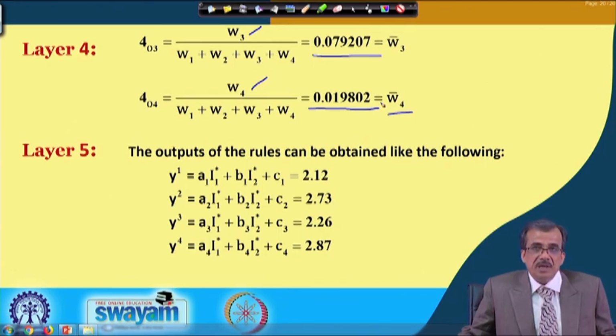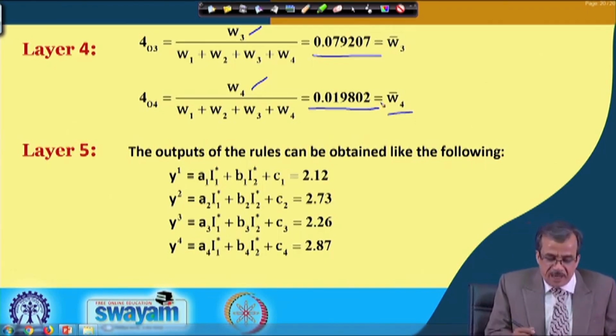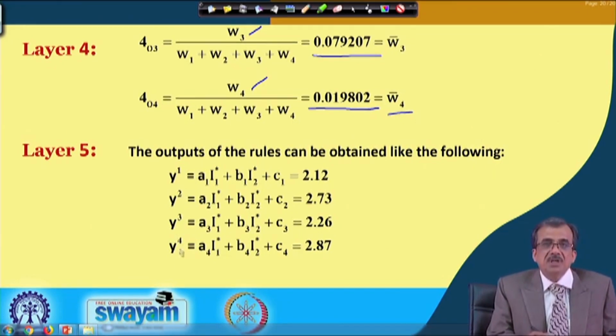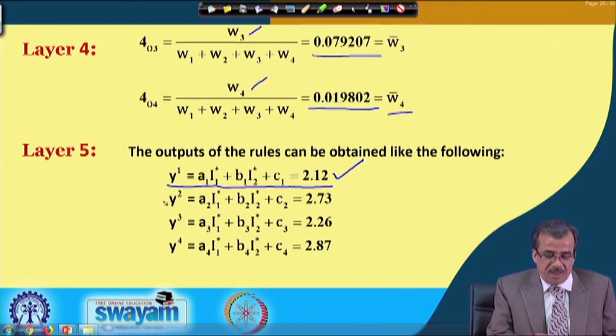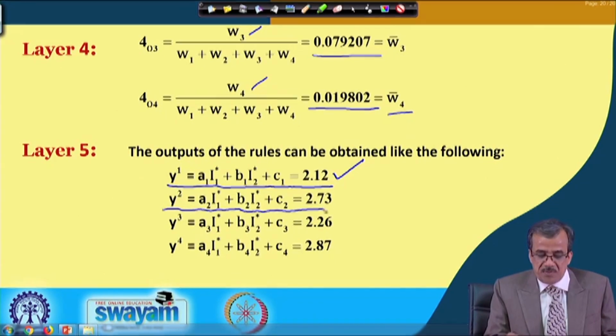Now, we go to layer 5. In layer 5, what you will have to do is find out the output of each of these fired rules. For example, for the first fired rule, this Y1 is nothing but A1 I1 star plus B1 I2 star plus C1. So, you will be getting 2.12. Similarly, this Y2 is nothing but A2 I1 star plus B2 I2 star plus C2, and this will become equal to 2.73.